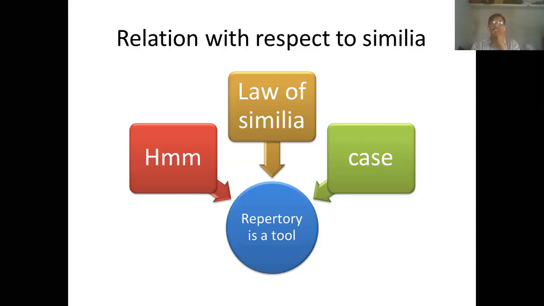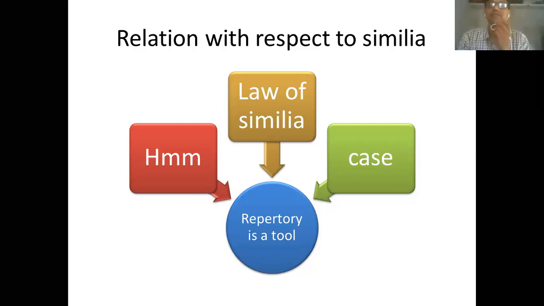And we have seen that without repertory, applying this law of similia will increase the chances of error, and these errors will cause defame to this law of similia. So when you use repertory, it makes this law operational more accurately, more precisely, and the fame of homeopathy is increased.